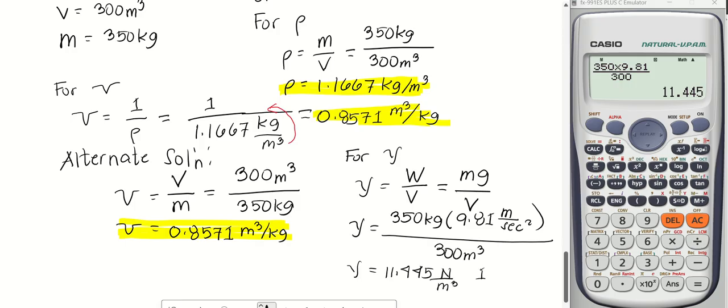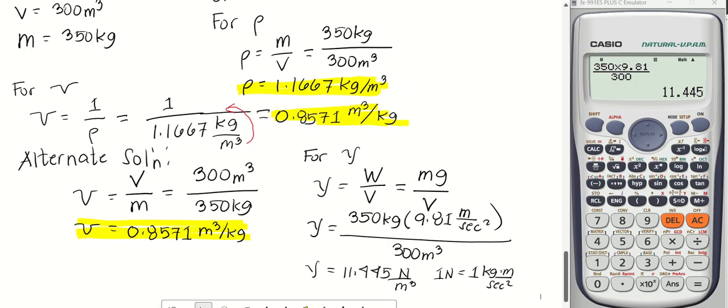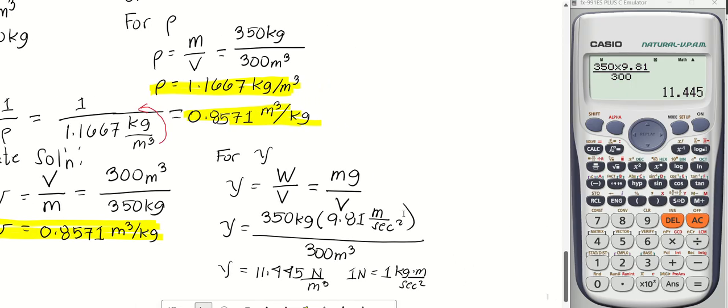Because 1 newton is equal to 1 kilogram meter per second square. Or if you want, you can apply cancellation of units. Let's go back to the numerator. 1 newton is equal to 1 kilogram meter per second square.